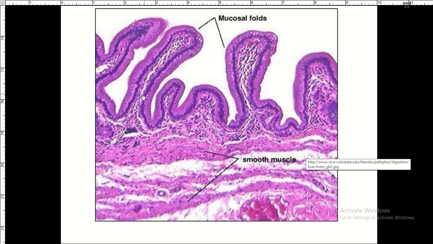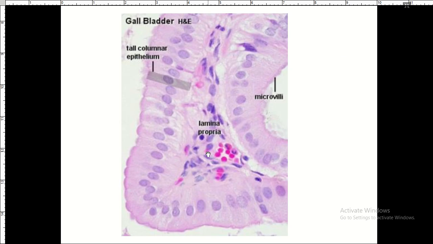Folding of the mucosa. You can actually see the lamina propria, and you cannot see the submucosa here, right? So you can actually see this simple columnar epithelium, lamina propria right here, forming the core of the what? Of the fold.